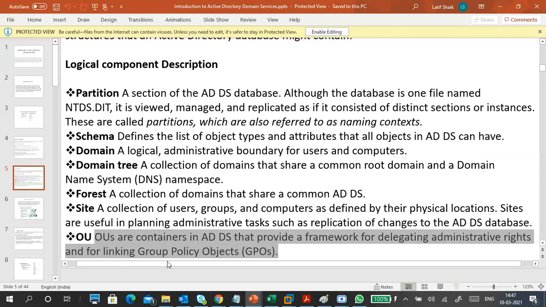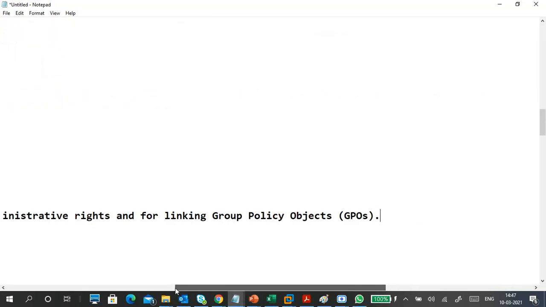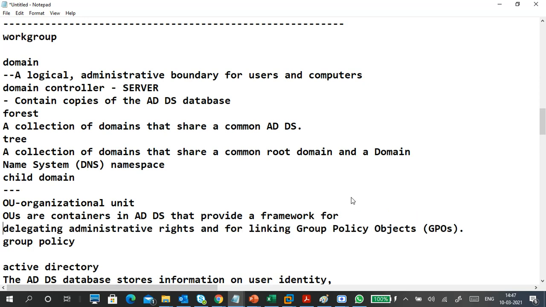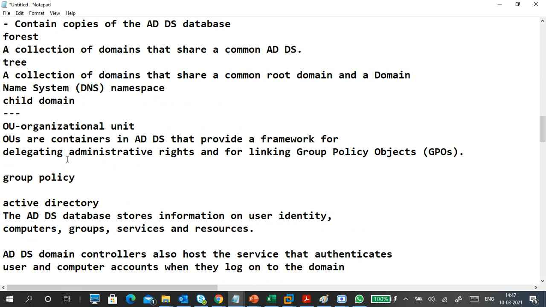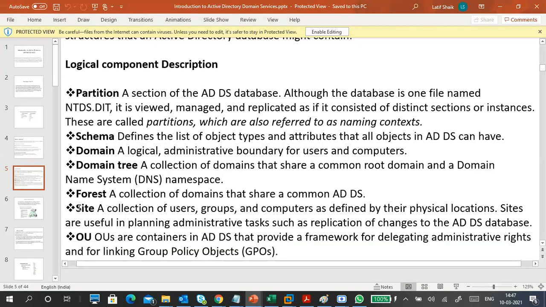Next is OU. So everything will be on one side, so then you need to spend a lot of time to search and read it. So many things. Anyway, you don't do it, but generally that is there.